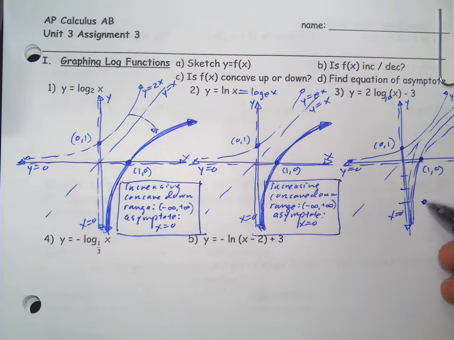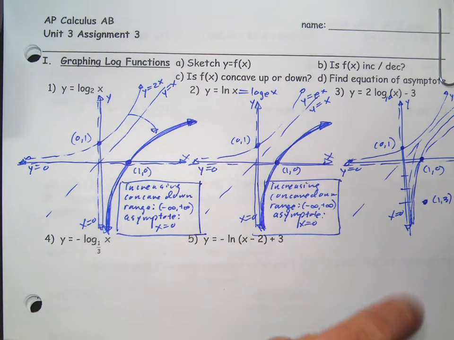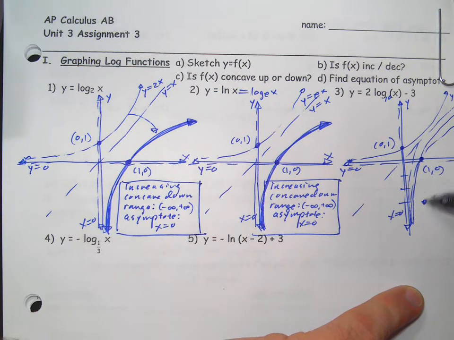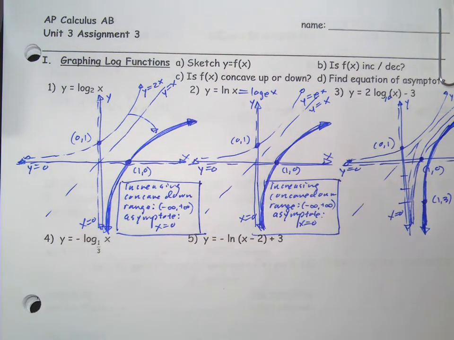So we're going to keep track of that x-intercept, and it kind of looks like this, I guess, something like that. Doesn't need to be perfect. Definitely still has a vertical asymptote at x equals 0.